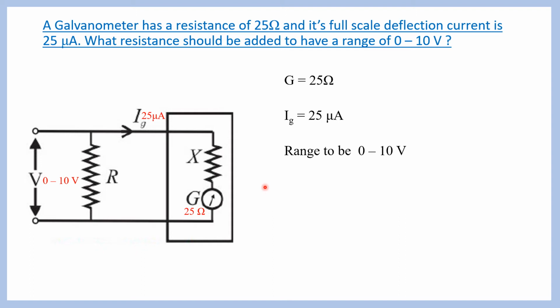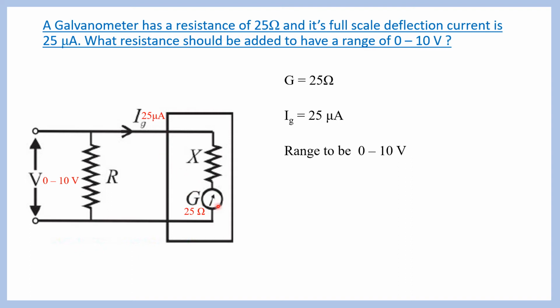This galvanometer will give a full scale deflection for a current of 25 microamperes and has a resistance of 25 ohms. So you know the potential fall across G will be 25 into 25 microamperes, which has to be converted into amperes. So the fall of potential, that is Vg, will be Ig into G.